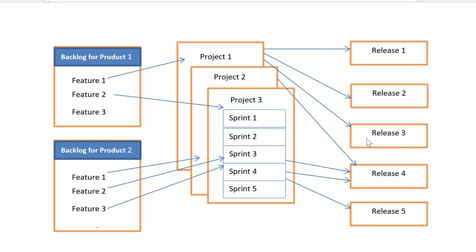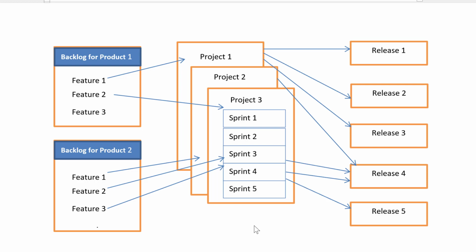And accordingly, once the product manager or the release manager plans those releases, they can simply assign those features to certain projects. This way, they can have multiple projects running at the same time, and each one of those projects is delivering certain features for certain releases.